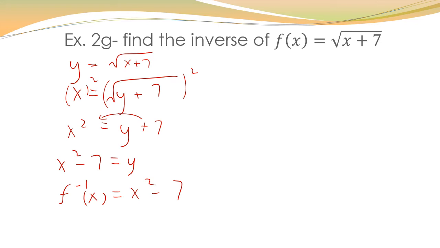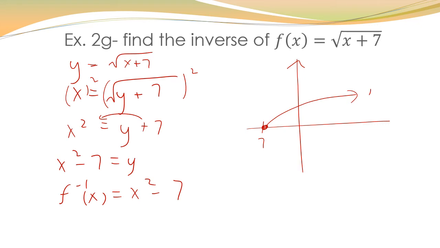A quadratic inverse ended up being a root. A root inverse is going to end up being a quadratic, or at least one arm of a quadratic. Again, this was not plus or minus written there out front. So this was really, if we do a little graph of this, this was moved to the left 7.